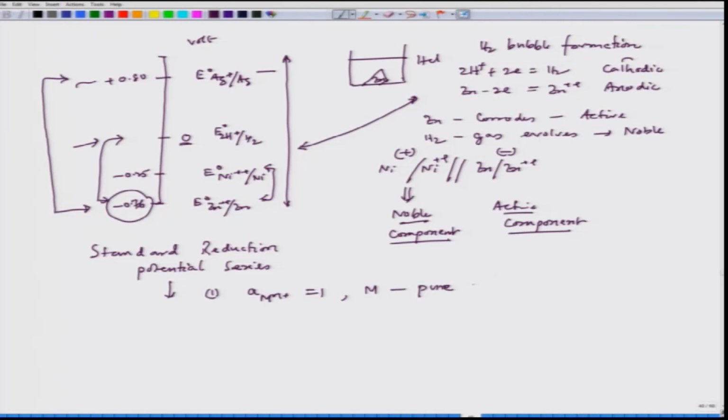Also, since this is a standard reduction potential, the temperature is 25 degree Celsius and pressure 1 atmosphere. This is the criteria to have this series, and in fact we can calculate this E0 with reference to the standard hydrogen electrode, the standard hydrogen cell.